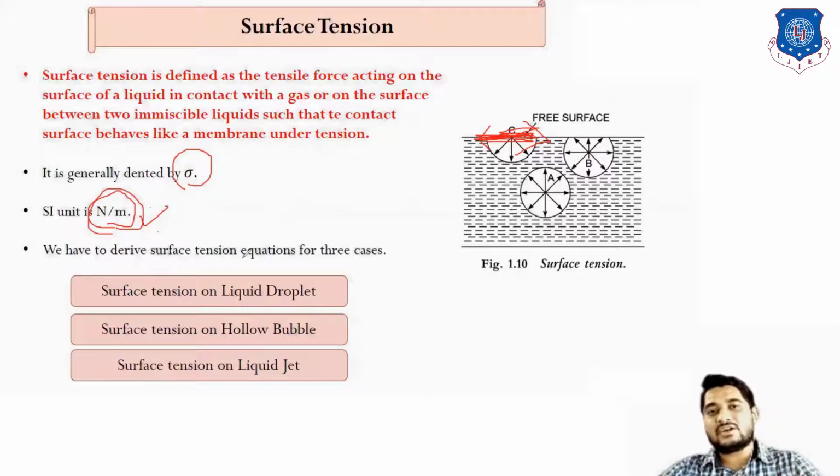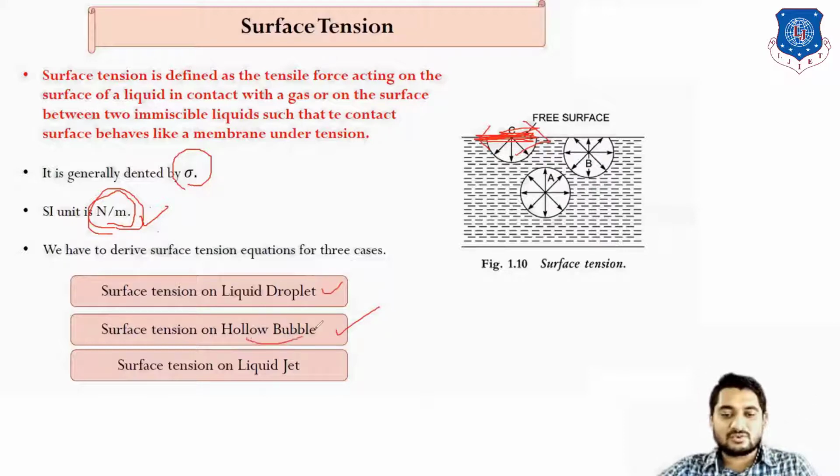We have to find surface tension equations for three cases. First one is surface tension for liquid droplets, which are in spherical form. Then surface tension for the hollow bubble, which is also in spherical form.